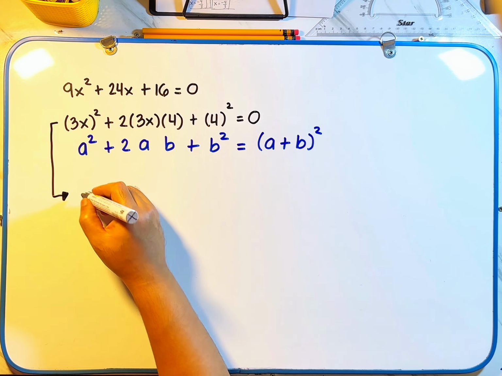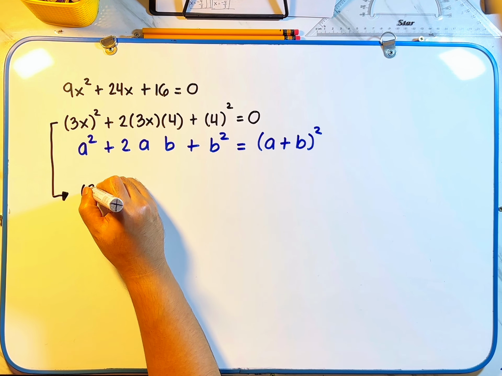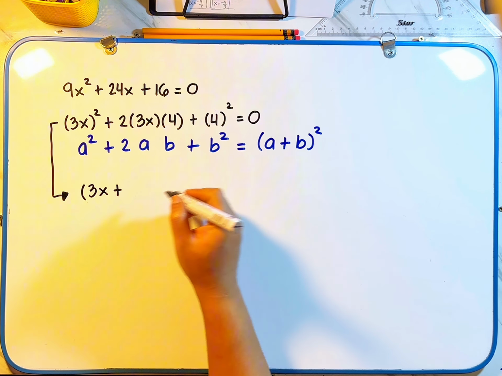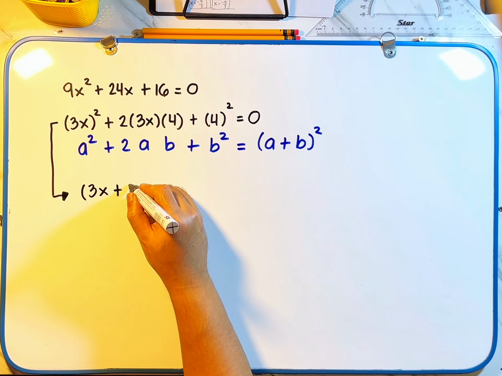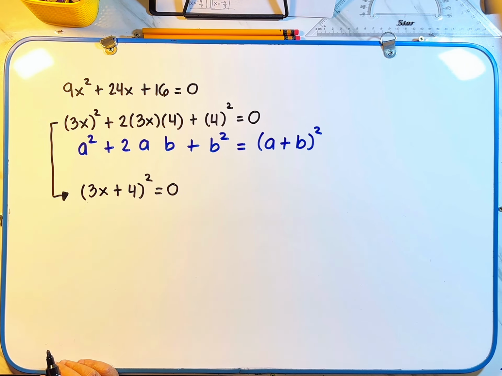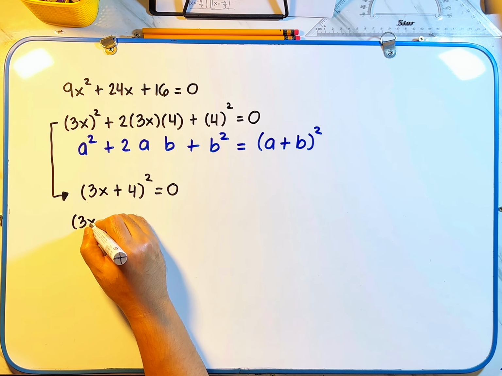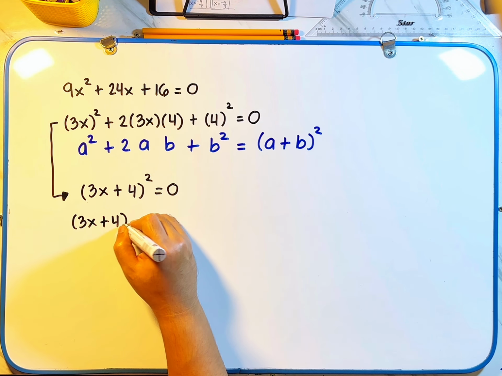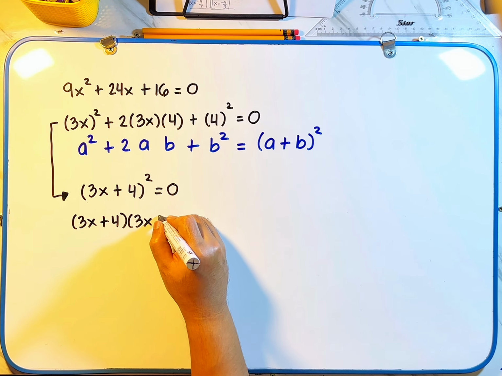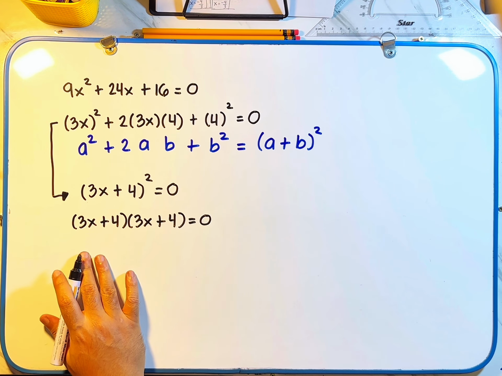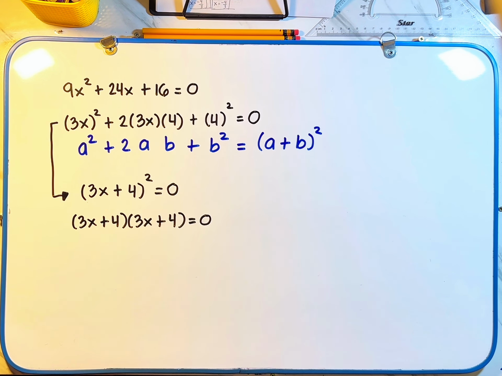So (a plus b) squared, a is 3x, plus b, our b, is 4, and then equals 0. And we know the concept of exponents. (3x plus 4) squared means (3x plus 4) times (3x plus 4) equals 0. And then we have to equate each of the factors to 0.